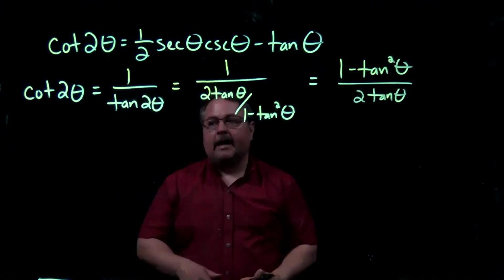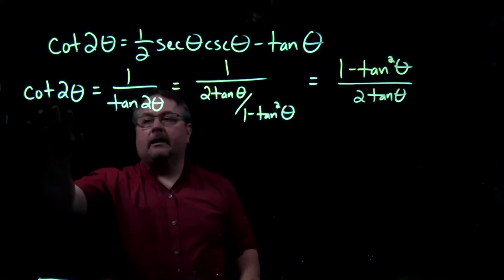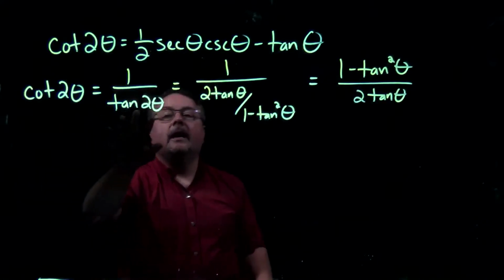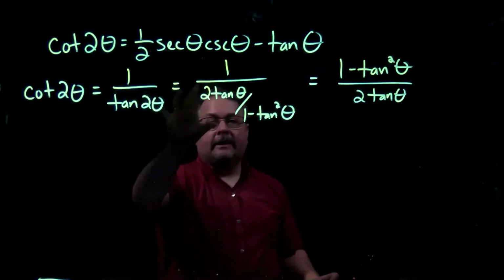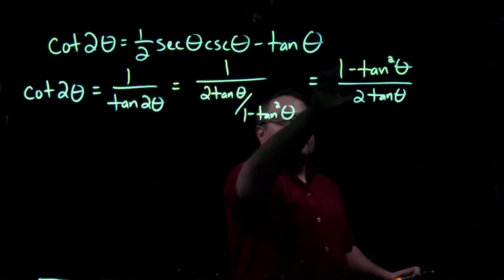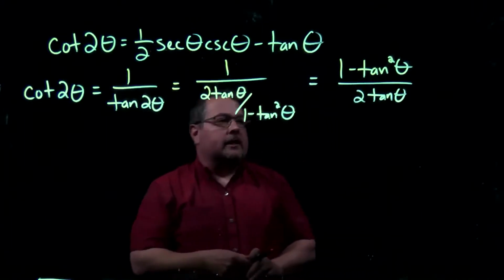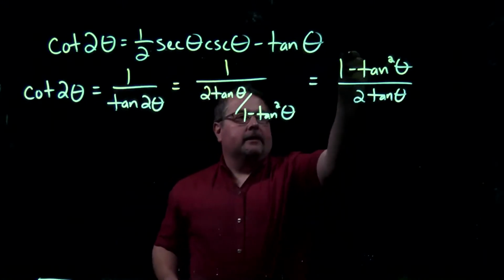Okay, so just to recap, we first used a reciprocal identity to write 1 over tangent as cotangent, and then we plugged in the double angle formula for tangent, and then we take the reciprocal to get the double angle formula for cotangent. Okay, so now we want to try to simplify this expression.